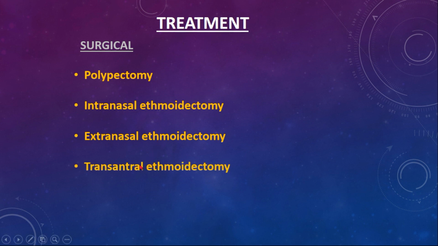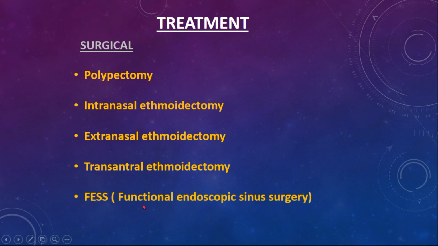And the next one is the transantral ethmoidectomy. This is indicated when infection and polypoidal changes are also seen in the maxillary antrum. In this case, the antrum is opened by a Caldwell-Luc approach and the ethmoidal air cells are approached through the medial wall of the antrum. And the last one is the FESS, which is most important.